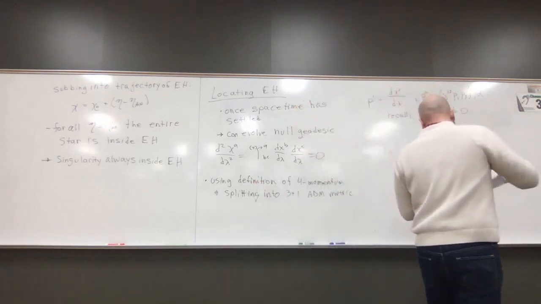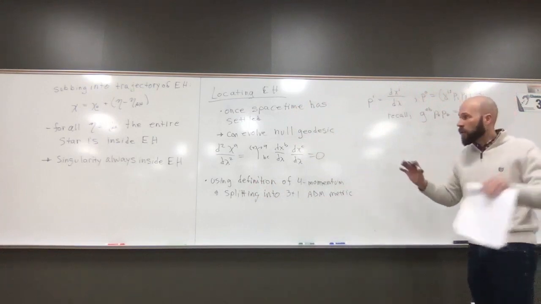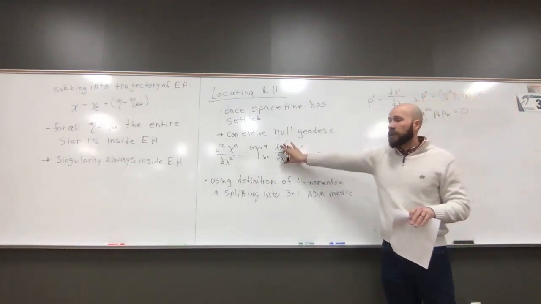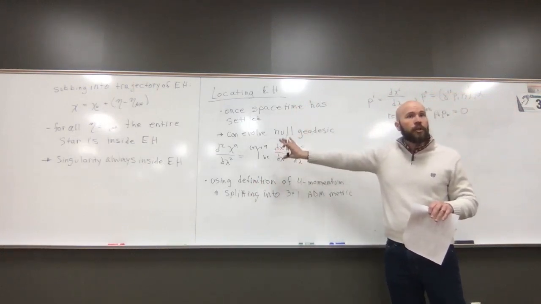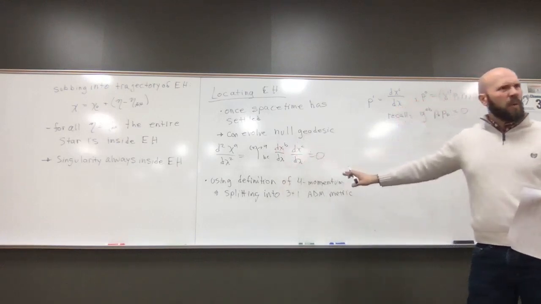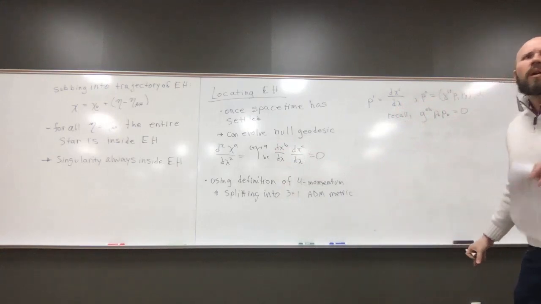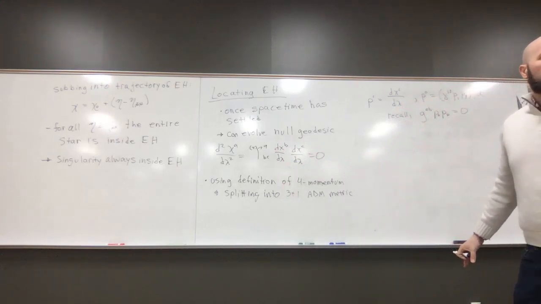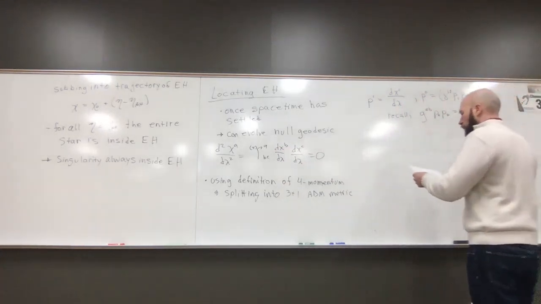So then, plugging this in and splitting, I'm going to plug this into our geodesic equation. I'm going to split this second order differential equation into two first order differential equations. We've done this before, might have been all the way back when we were still in Thorne and Blandford, where we've split this into two first order equations.